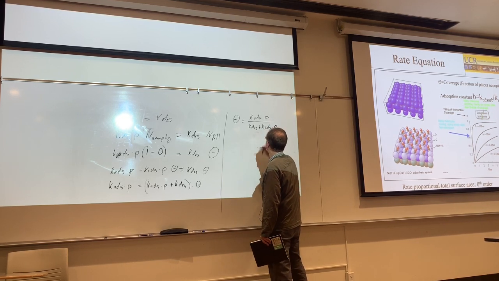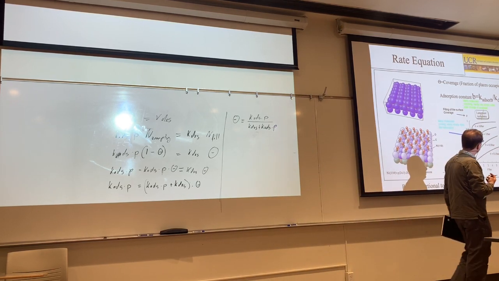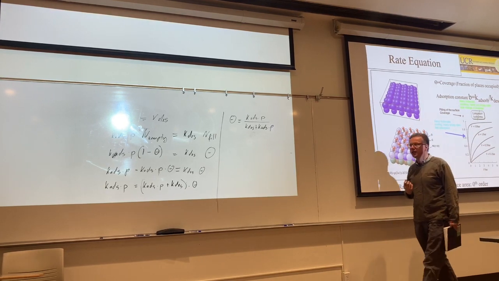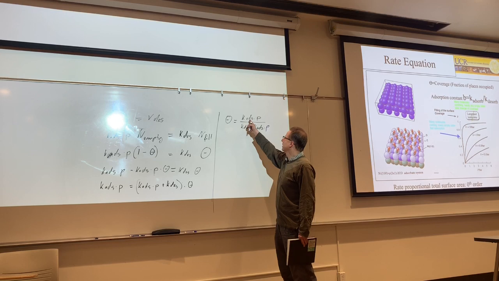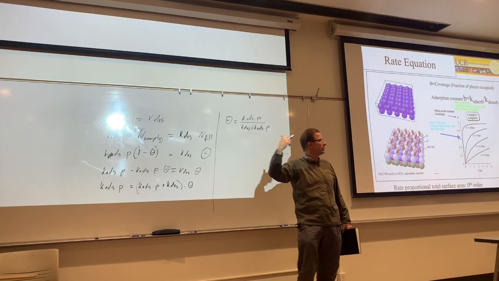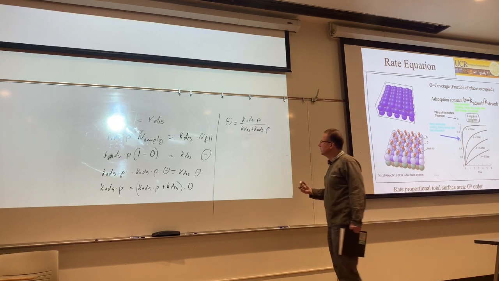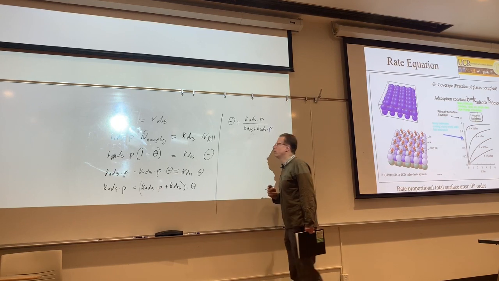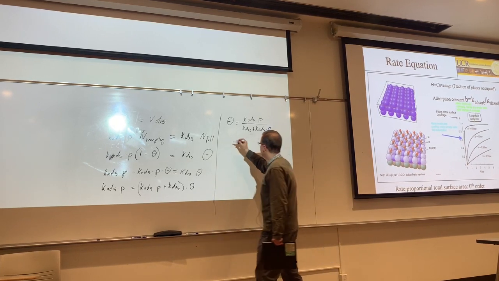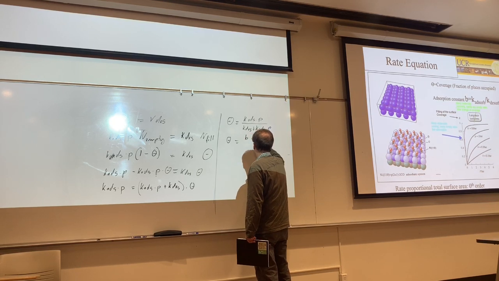And in the last step, people say that's way too many K's over here. I'll take a new variable, which typically is called B, and that is the equilibrium again between the constituent adsorption and desorption. So it's the ratio of that. So I divide everything over here by K desorption. So I have K adsorption over K desorption, that is B, times the pressure.